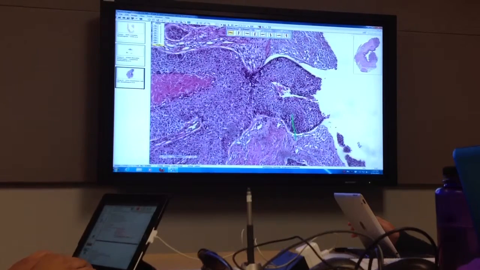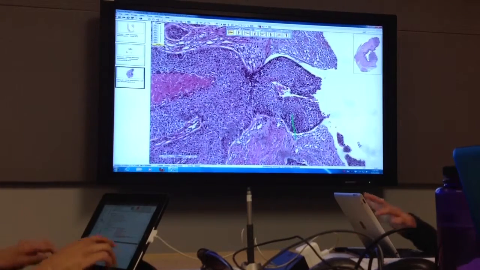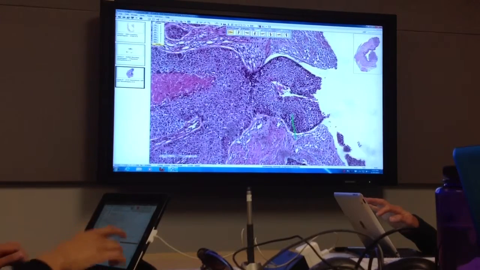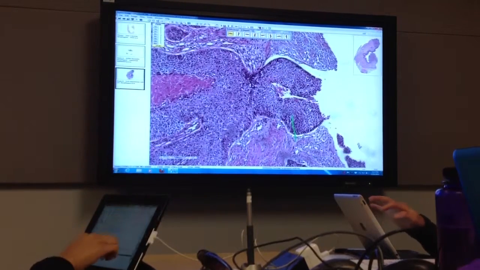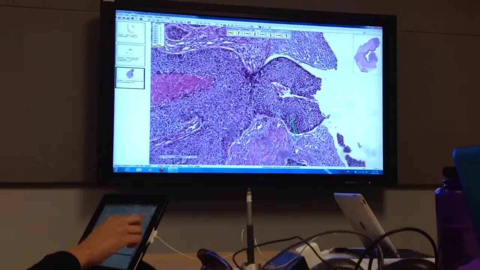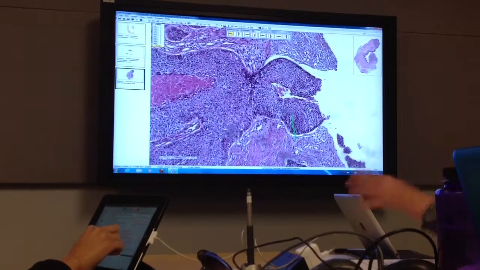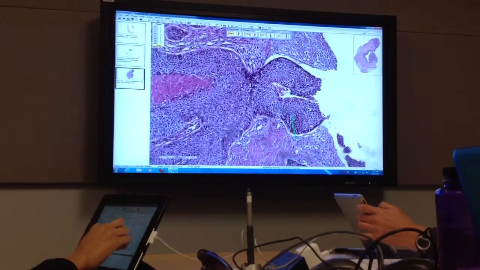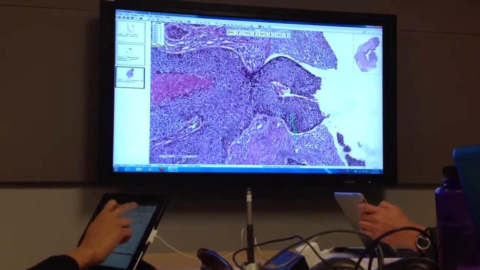Okay. Question. How do you go from, what's the dividing line between high-grade dysplasia and carcinoma, what makes it one and not the other? Right. So it's essentially the same thing.